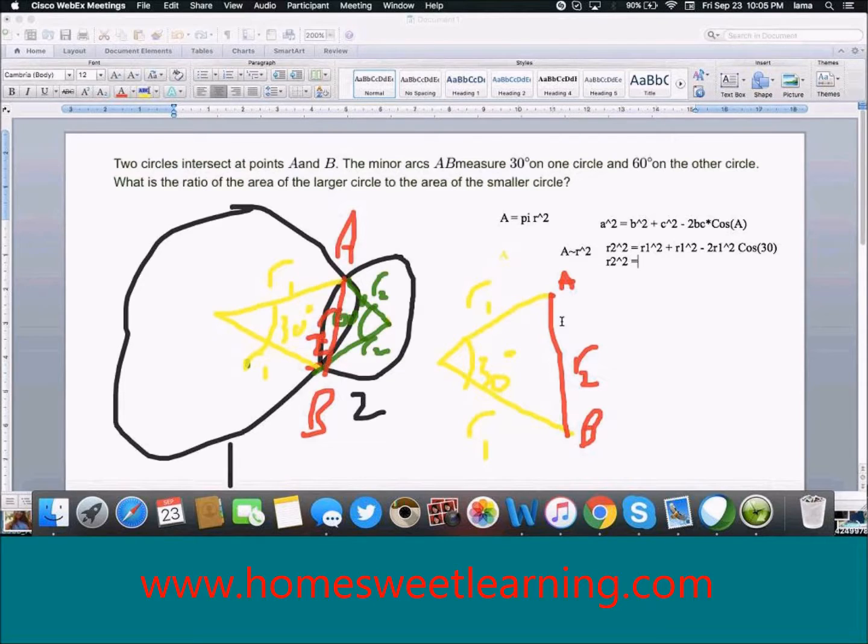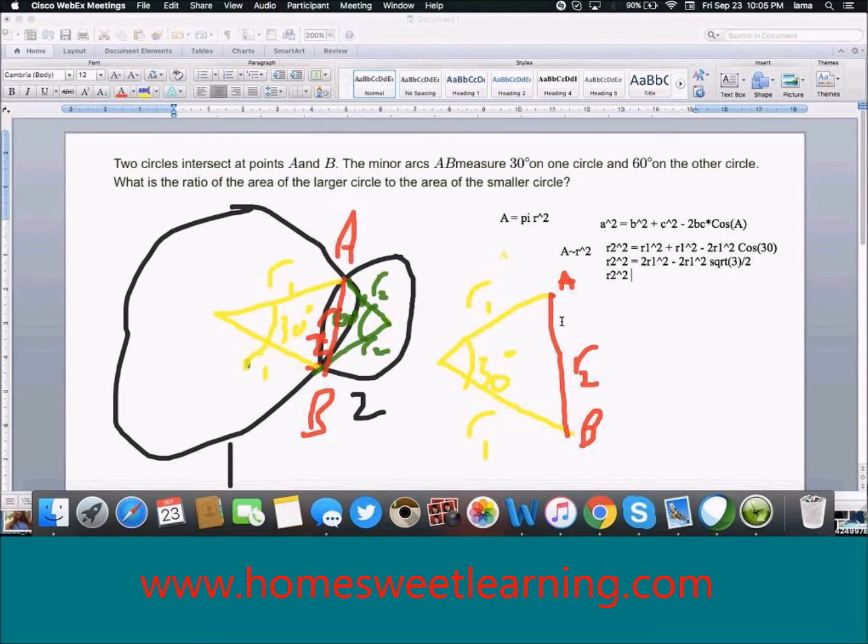R2 squared equals R1 squared plus R1 squared, that's 2R1 squared, minus, this is also 2R1 squared, and we know that the cosine of 30 is, I think that's square root of 3 over 2. But the 2's can cancel, all right, so we have the square root of 3 divided by 2. We can simplify this further.